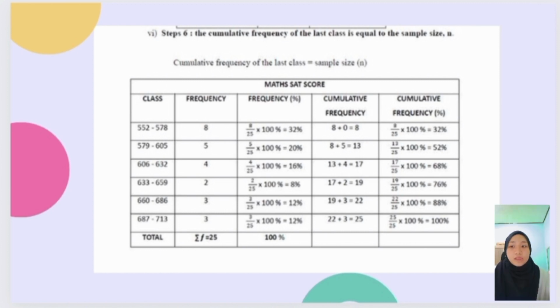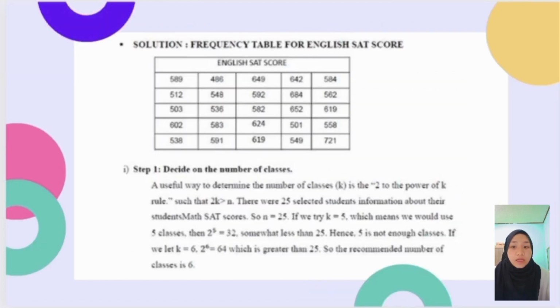The next step is step 3: set the individual class limits. The minimum data entry is a convenient lower limit for the first class. Define the lower limits of the remaining 6 classes by adding the class width of 27 to the lower limit of each previous class. The upper limit of the first class is 578, which is 1 less than the lower limit of the second class.